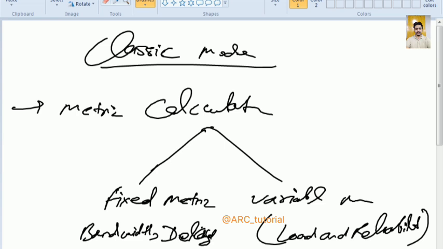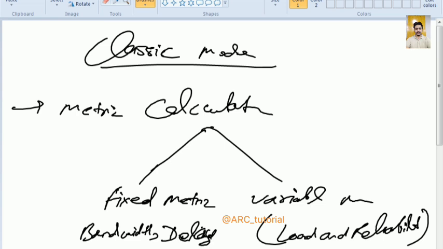Sometimes its best path will be via one router, sometimes via a different router. So your routing table will become inconsistent if you use these variable components. That is why we always prefer to use only bandwidth and delay. Even Cisco recommends using only bandwidth and delay for its metric calculation.